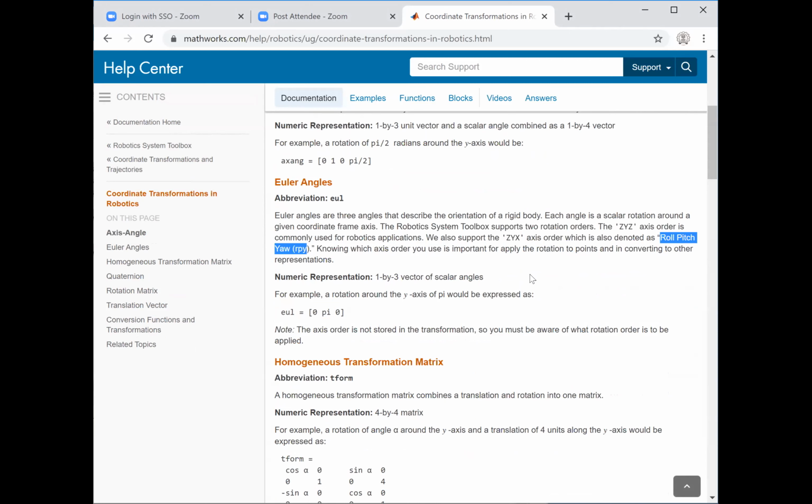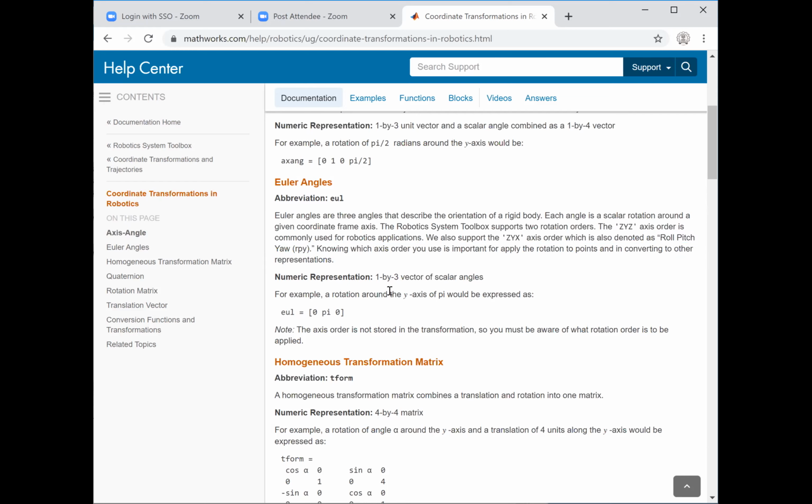I have to be very clear about it. The way we are defining the roll, pitch, and yaw, our roll is about the y-axis, our pitch is about the x-axis, and our yaw is about the z-axis. So the way MATLAB is referring to them is different.